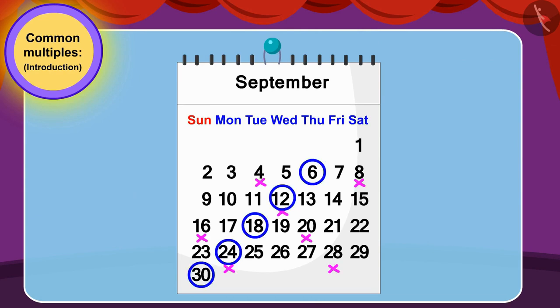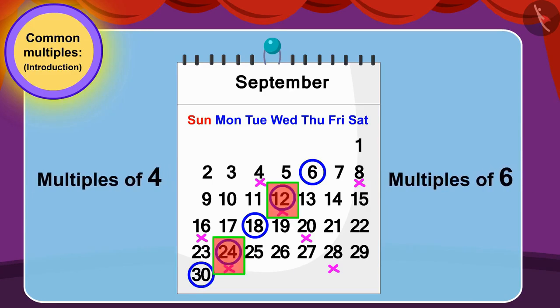We can find the answer in this way by finding common multiples of 4 and 6. We can see that the numbers 12 and 24 are common multiples of 4 and 6.